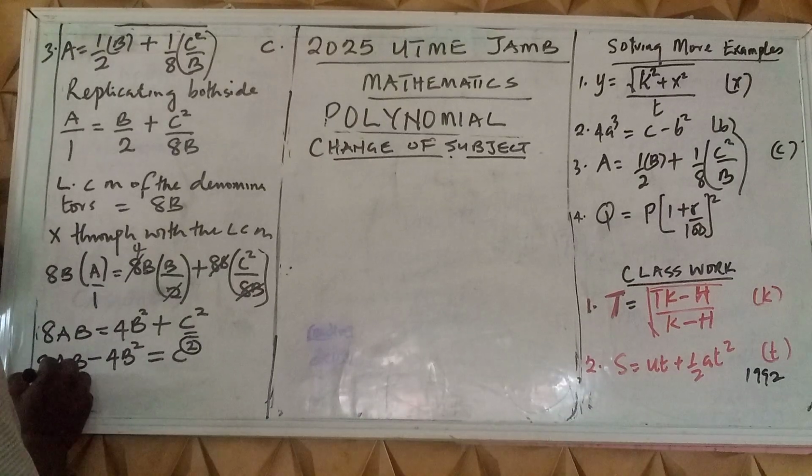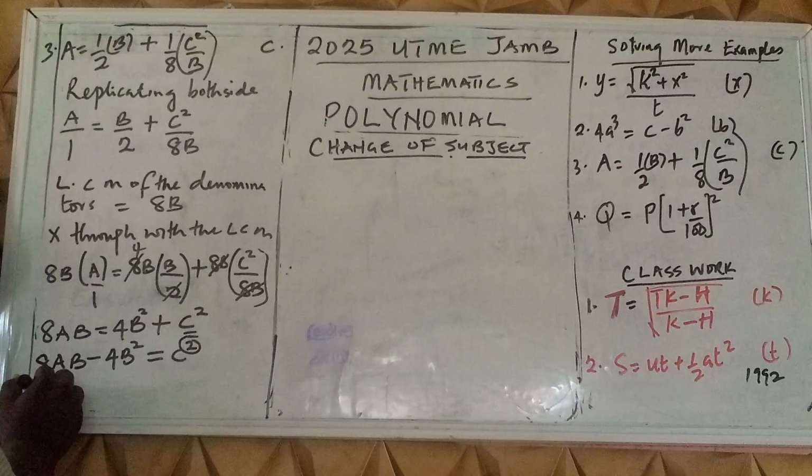So what do I do? I will say square rooting both sides, or I will multiply both powers.